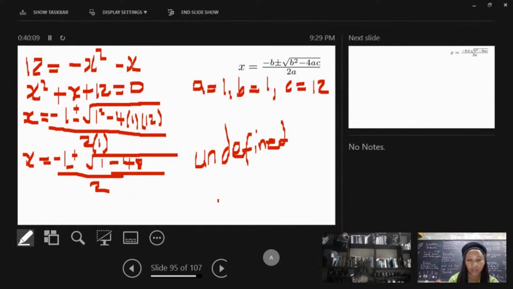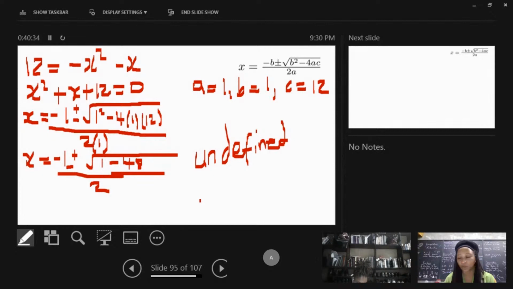You can't find the square root because two numbers that are the same cannot multiply to give a negative number. For example, if you have negative 3 times negative 3, the answer is going to be positive.